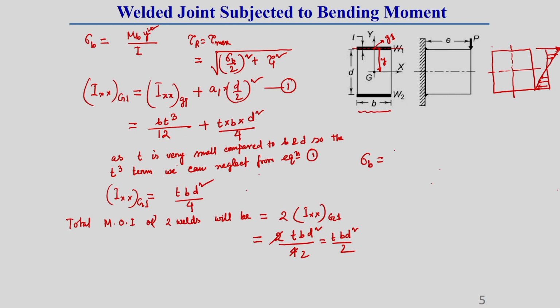So, here you can see M b y by Ixx G, where G means the CG. So, here Ixx G is equal to Ixx G1 plus Ixx G2, that means all the weld moment of inertia.